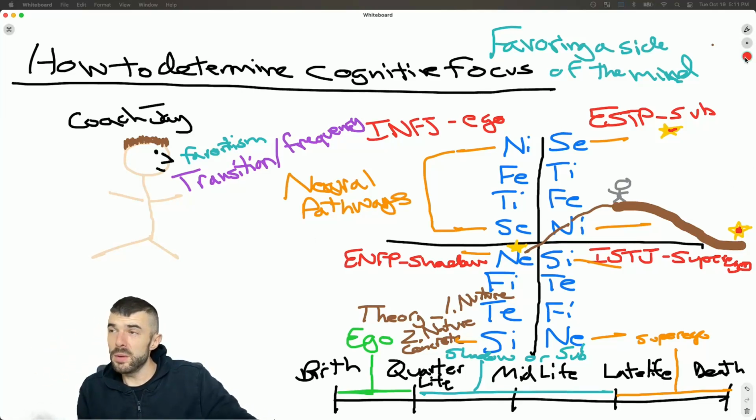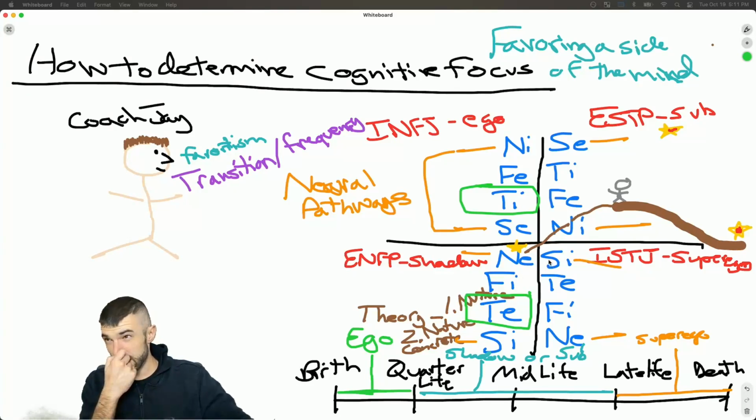So something that I've noticed is that if someone is ego-focused, they are often leading with the child. When someone is shadow-focused, they are often leading with the critic. When somebody is subconscious-focused, they are leading with the inferior.